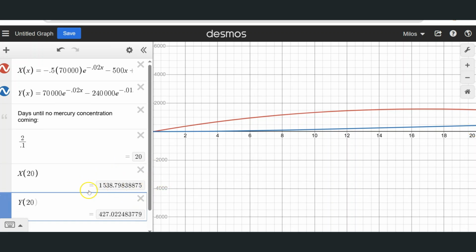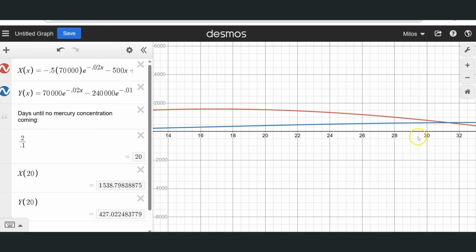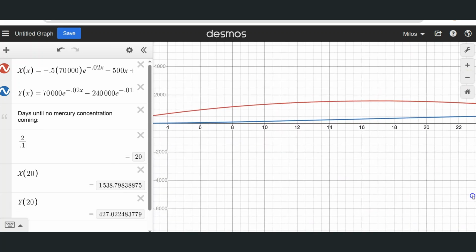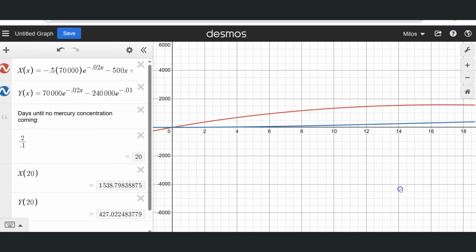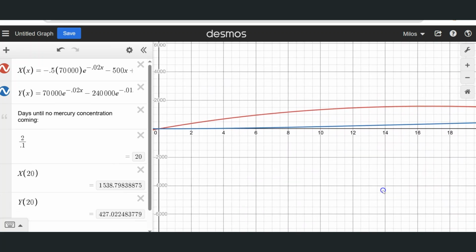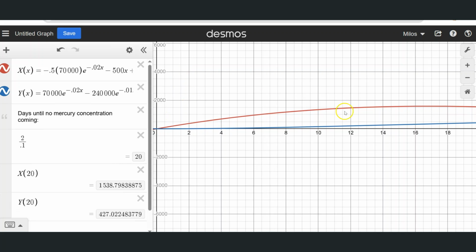If we use those as new initial conditions, we can continue to model this beyond day 20. But because of that negative term, nothing really makes sense after 20 days. So it's kind of interesting to see this happen, and of course a much more complicated scenario because you do have the lakes feeding into each other and you have also a changing concentration. So very long problem, but worth the effort, I hope.